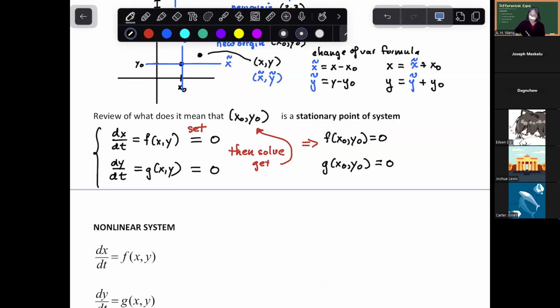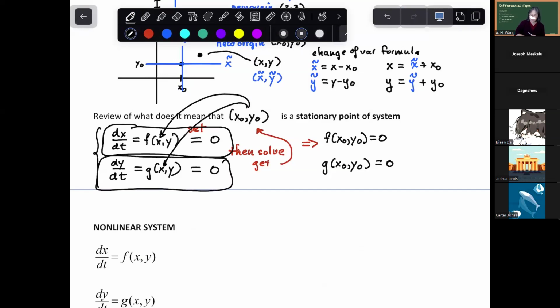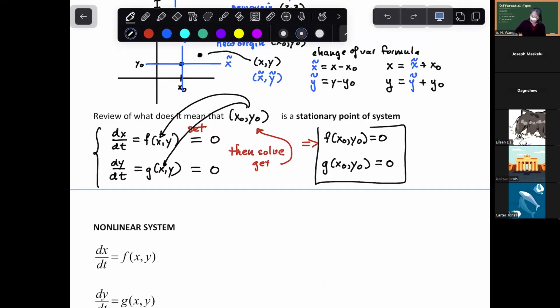If x naught, y naught is a stationary solution, then you set this equal to 0, you solve, and that's how you get it in the first place. So by the concept of what a stationary solution is, when you plug it in, you get a constant solution. You get dx dt equals 0, so x is constant, y is constant. That's the idea. So this is what it means to say that x naught, y naught is a stationary solution. Okay?